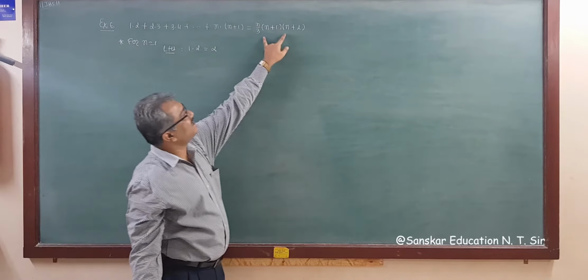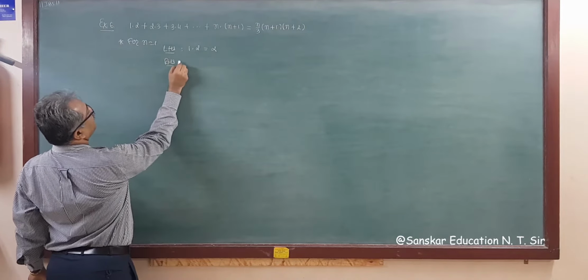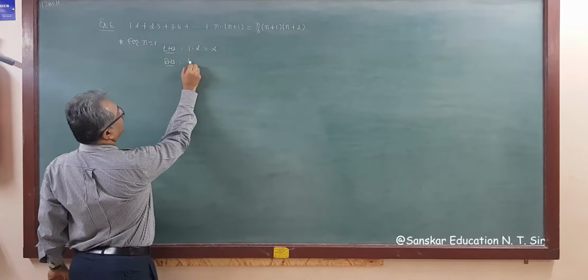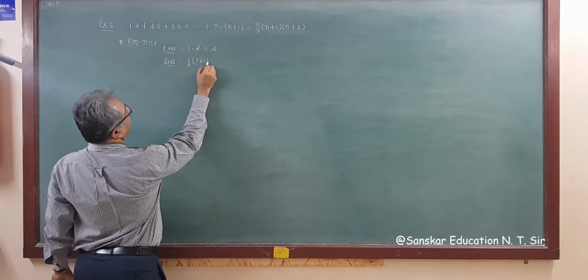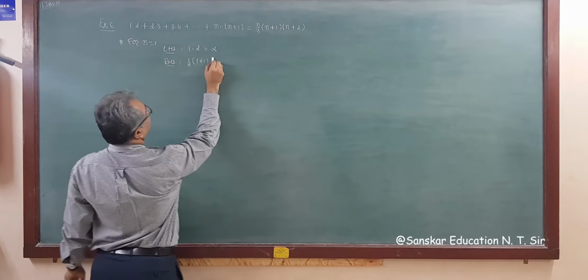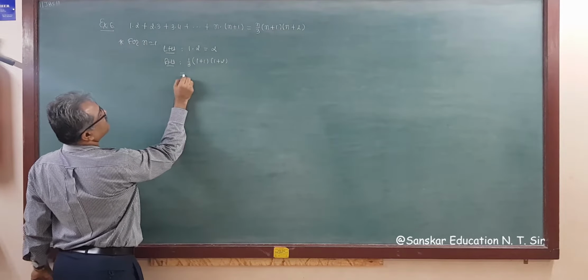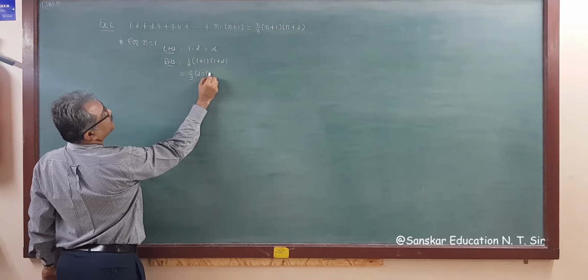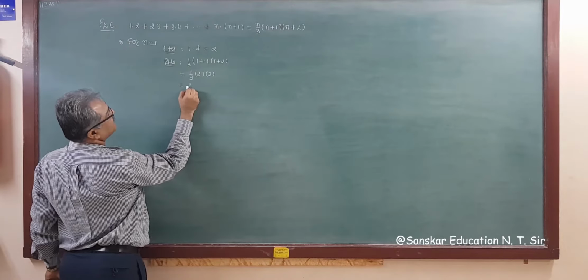Right hand side. Now putting n is equal to 1 here, what we get? 1 upon 3, 1 plus 1, put n is equal to 1 here, this is 1 plus 2. So this is 1 upon 3, 2 into 1 plus 2 is 3. 3 will cancel, so you will get the answer 2.